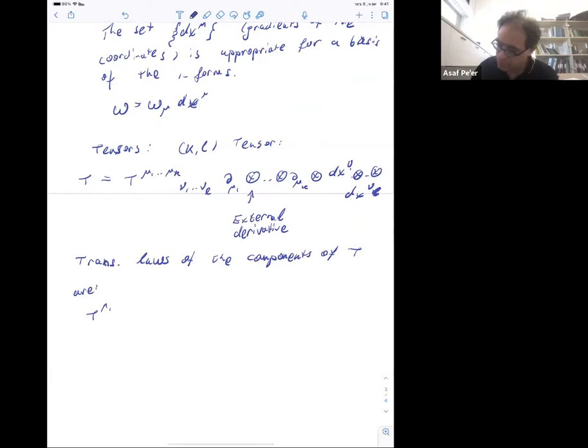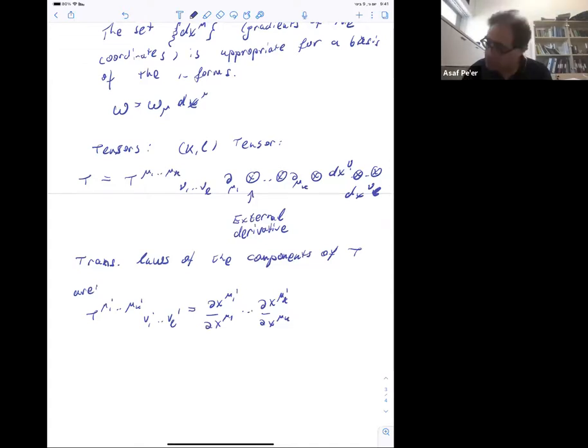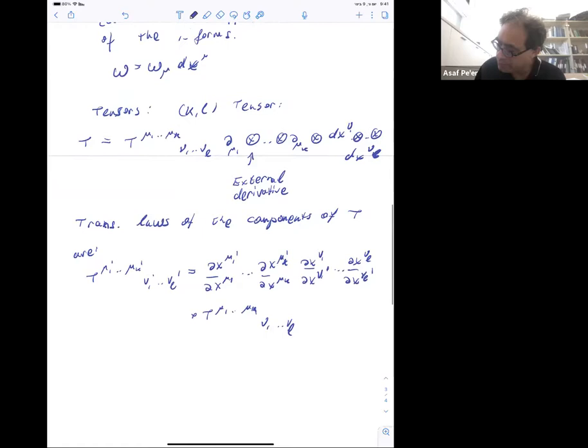T mu 1 prime ... mu K prime, nu 1 prime ... nu L prime is just dx mu 1 prime over dx mu 1, up to dx mu K prime over dx mu K. And then for the lower indices, of course, it's the opposite, dx nu 1 over dx nu 1 prime, up to dx nu L over dx nu L prime, and then times T mu 1 ... mu K, nu 1 ... nu L. There's really nothing else that can be done here. So this is the transformation law of the tensor components.